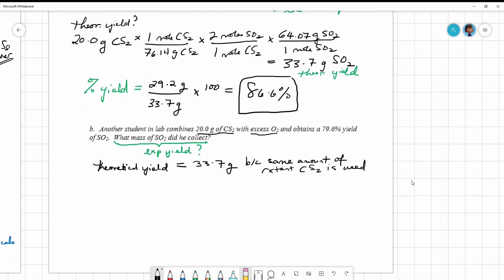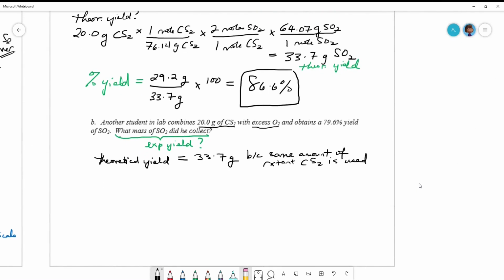Okay, well, we have the theoretical yield, and as it turns out, the problem gives us the percent yield. The problem tells us that this student had a percent yield of 79.6%. Right here. There it is. Okay, well, that means in the percent yield formula, we only have one missing quantity.